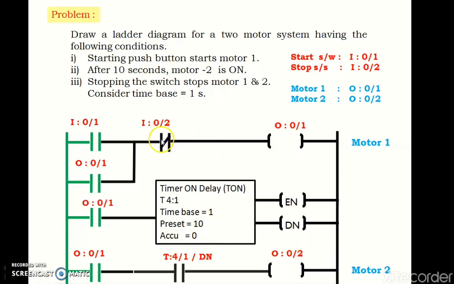When stop switch is pressed, the motor 1 will be stopped immediately because this normally closed switch will become normally open. At the same time, it will stop these two also and hence motor 2 will stop immediately. Like this, when start button is pressed, motor 1 will start immediately and after 10 seconds, motor 2.